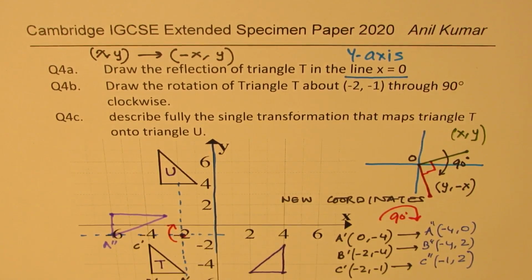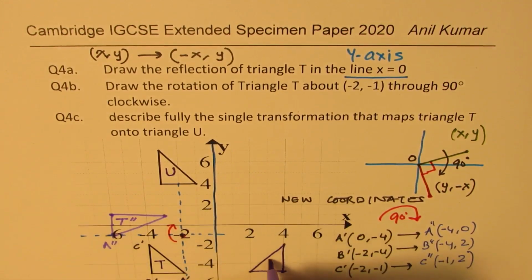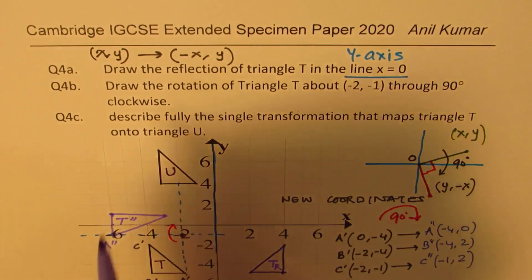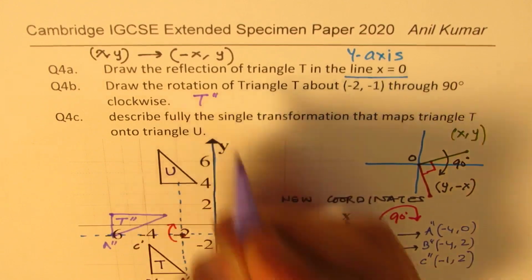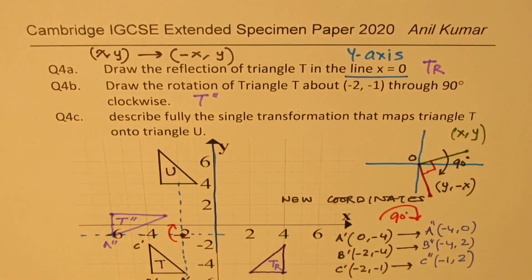Does it make sense, right? So we'll call this T double dash, correct? Let's call the reflection R, since I used dash here. So that is our answer, correct? So the clockwise rotation is our triangle T double dash, and the reflection is our TR.